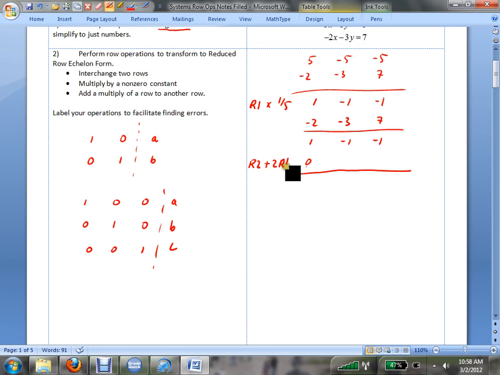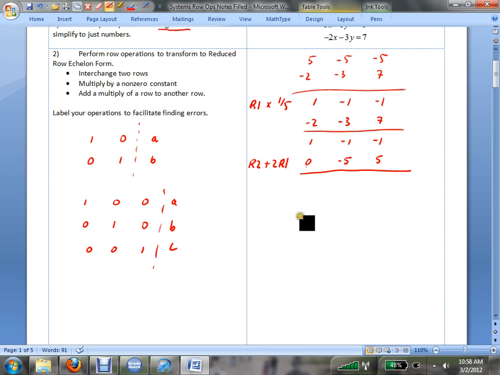Then I'll continue that row operation with the other numbers. Negative 3 minus 2 is negative 5. 7 minus 2 is positive 5.